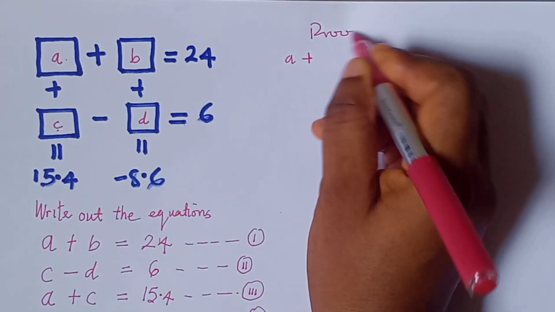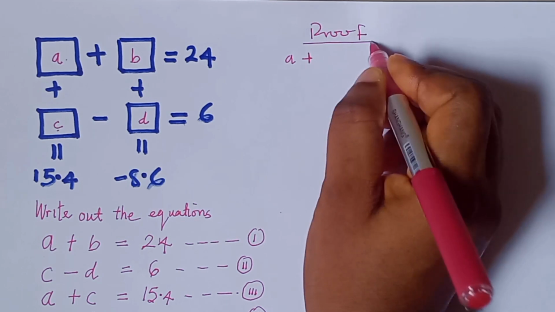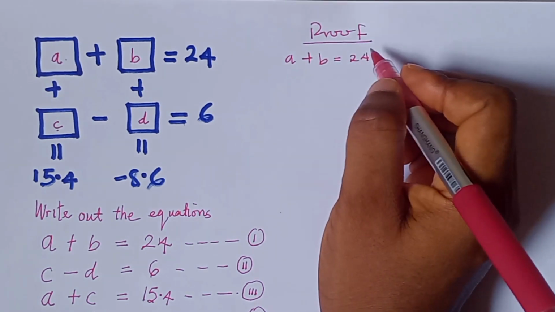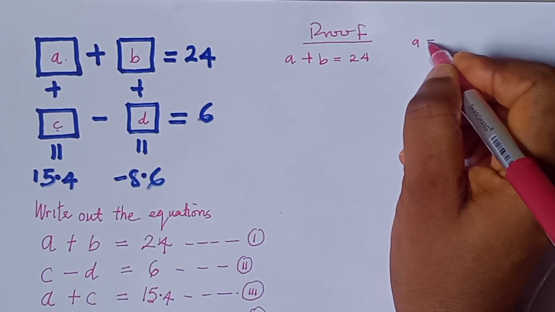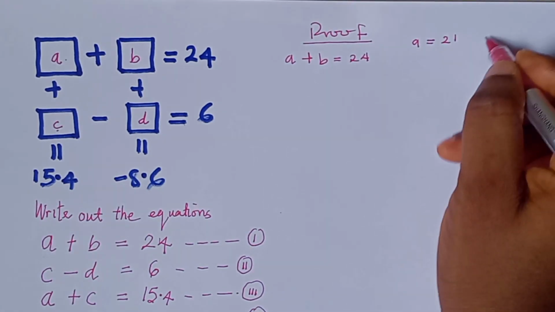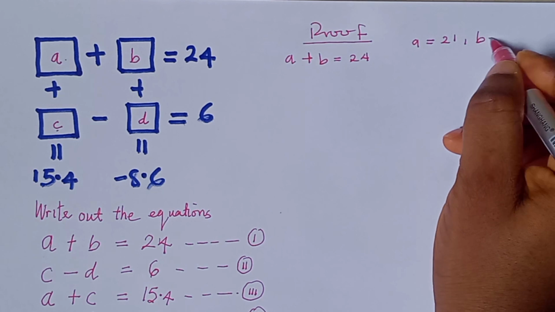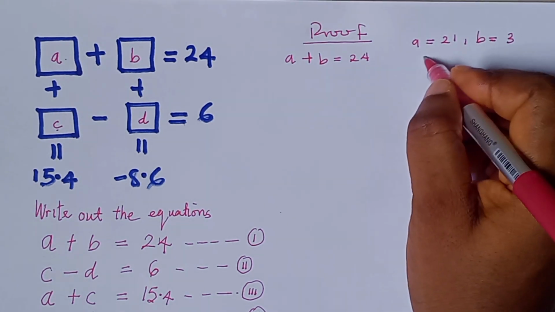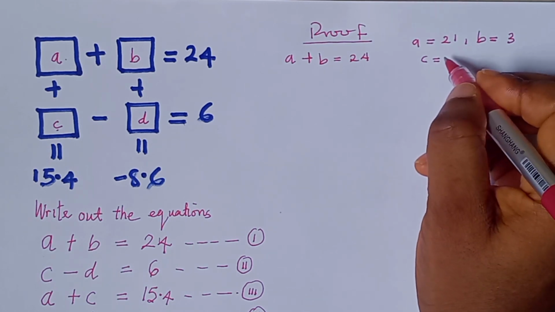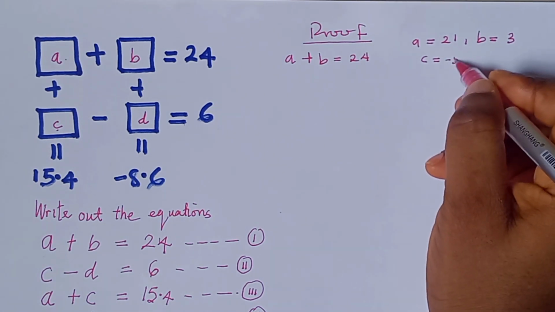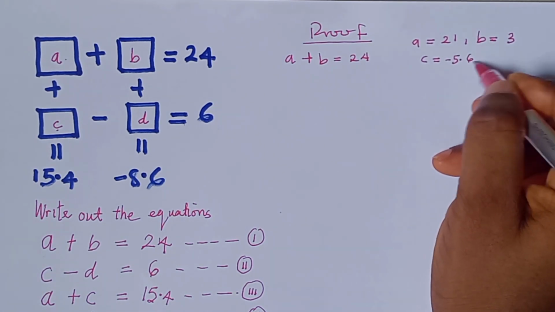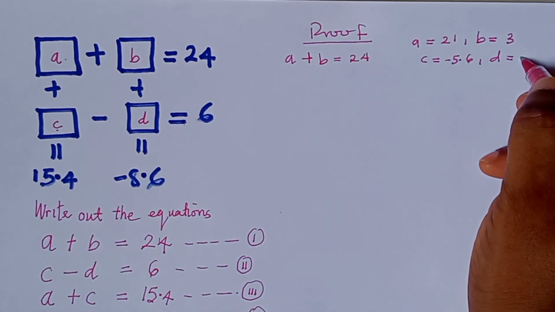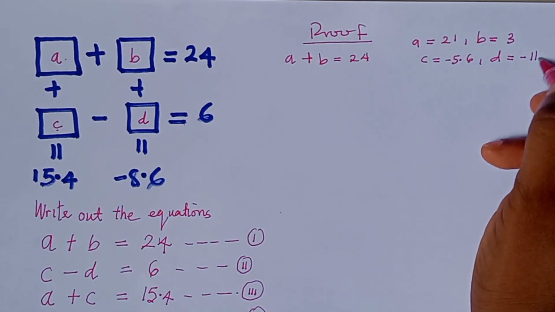Proof: A plus B equals 24. Remember, our A is 21, our B is 3, our C is minus 5.6, and our D is minus 11.6.